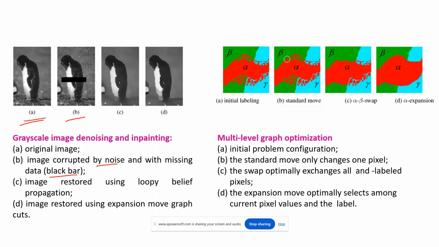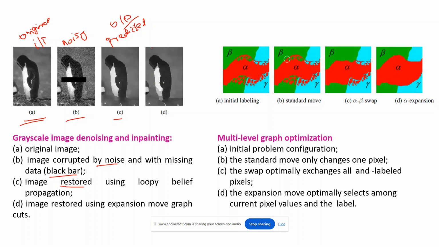The black bar has to be refilled with the original data, and the background is somewhat blurry. I'm going to restore it to the original image, which is known as image restoration, and this black bar is filled with some pixels. This is my predicted one. I'm giving the noisy image and restoring it to the original one.